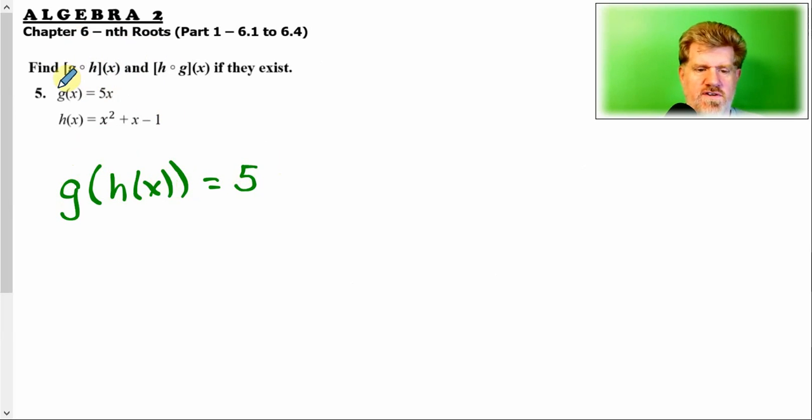Notice how it says g of x equals 5 of x. So if I put in 3, it'd be g of 3 equals 5 times 3. G of 8 equals 5 times 8. G of a equals 5 times a. Whatever I put in there, that's what it becomes. So I'm not putting in a number. I'm putting in a whole other function.